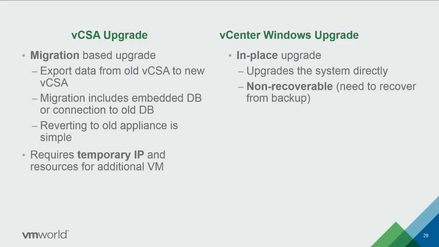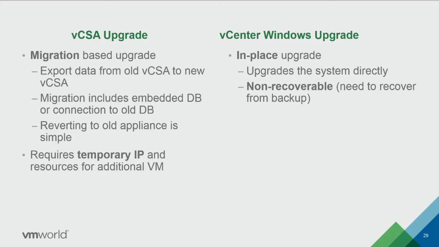So for VCSA upgrade, it is a migration-based upgrade, meaning that you have a source system and it stays in place while we export data from that source system, bring it onto a brand new deployed 6.0 system, and then apply the changes onto the 6.0 system, bring down the previous system, and then bring this one up as your 6.0, with the same identity, same certificates, and so forth as your previous system.